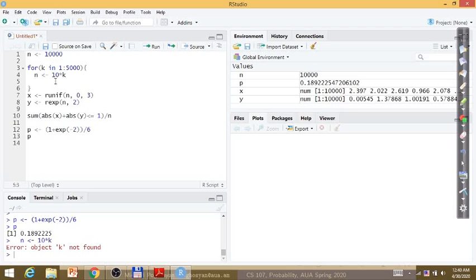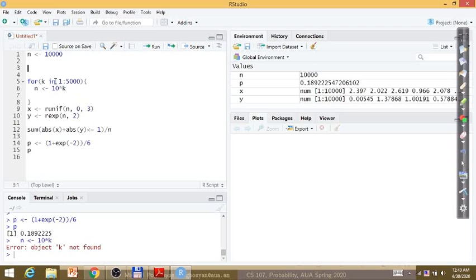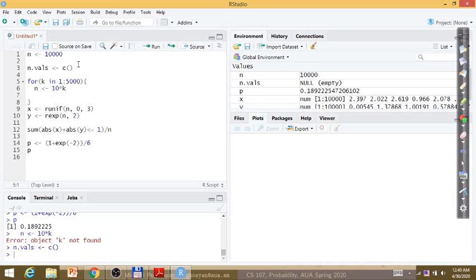So I want to write the following. I want to keep the n's, because later I will draw the graph of possible values of n and obtain its probabilities. So n values, say n vals. I'm taking an empty vector, and every time I obtain n, I add that new n to that empty vector.